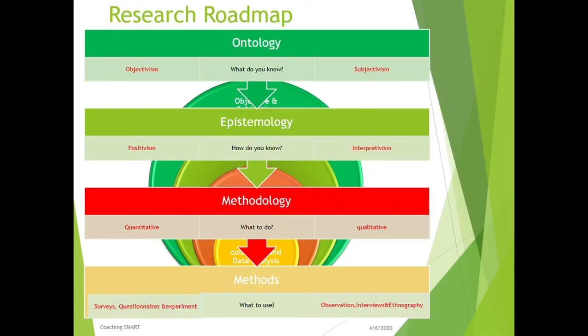Now we come to the research roadmap. We give a clear distinction, the clear roadmap. How do you go about research? Now, if it is ontology, what do you know? Is it objectivism or subjectivism? Objectivism, real.